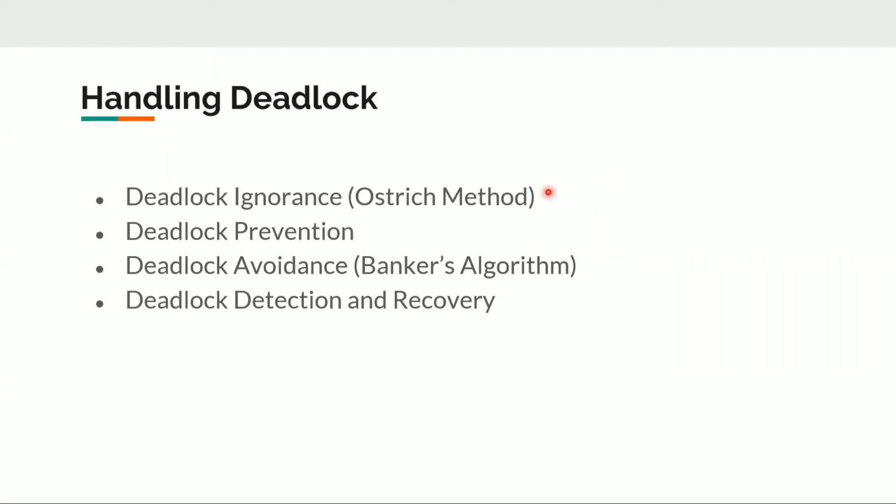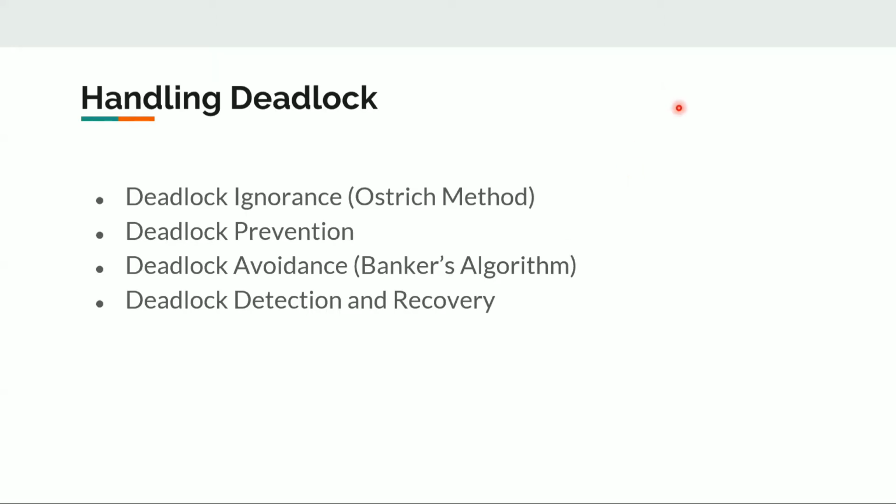So the performance is affected very badly if you add more code to the operating system. Imagine as a user, you will tolerate restarting your operating system once in a year rather than an operating system which is performing very slowly.